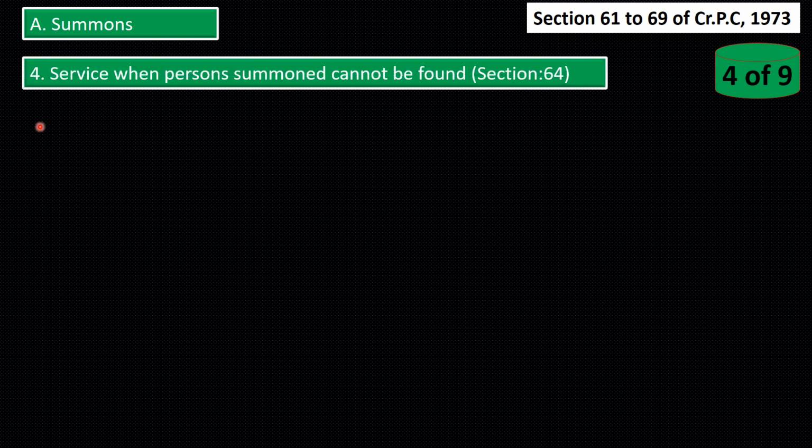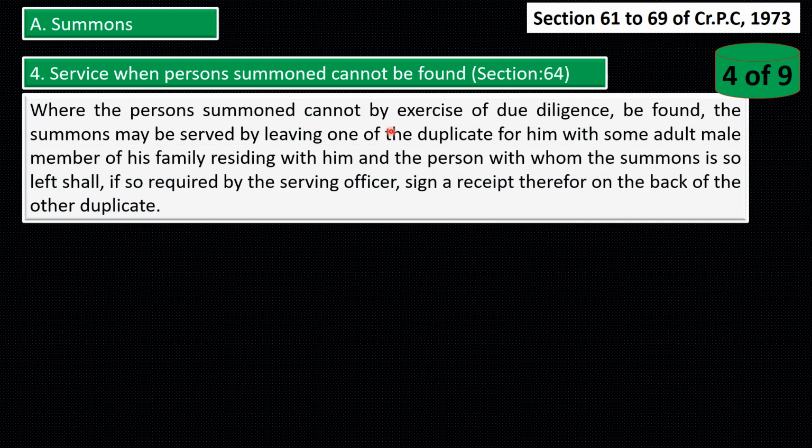Fourth part of summons, service when person summoned cannot be found. Section 64 says where the person summoned cannot, by exercise of due diligence, be found, the summons may be served by leaving one of the duplicates for him with some adult male member of the family residing with him.